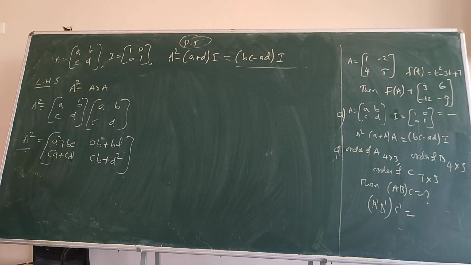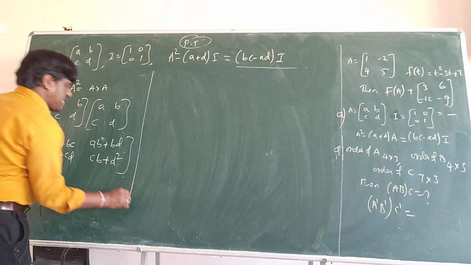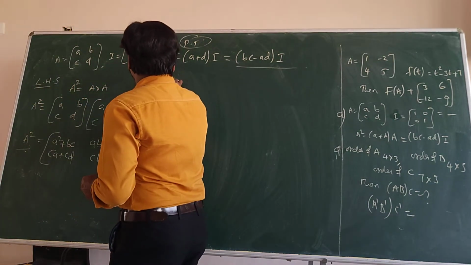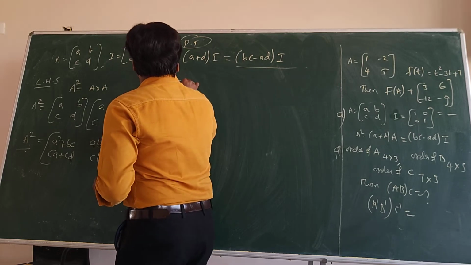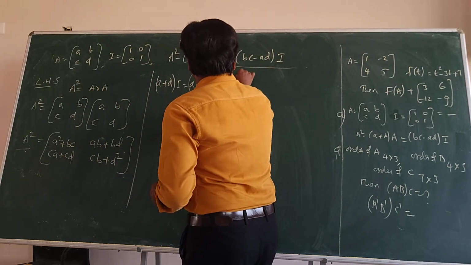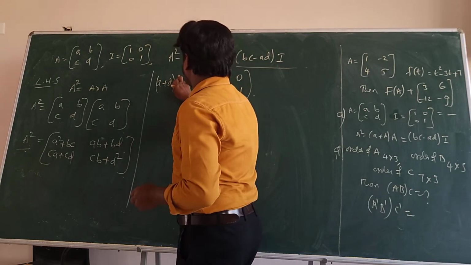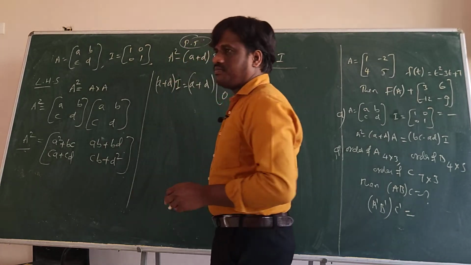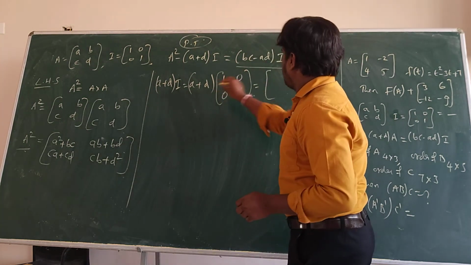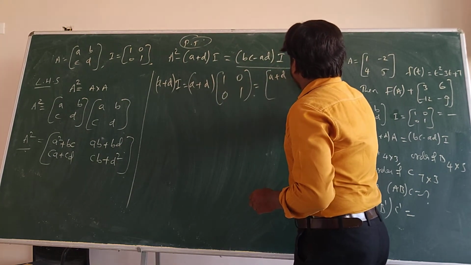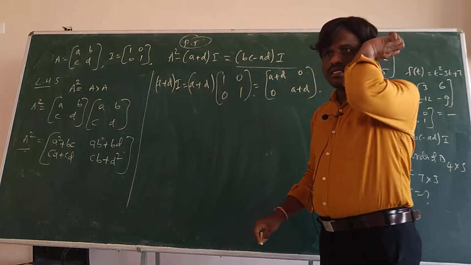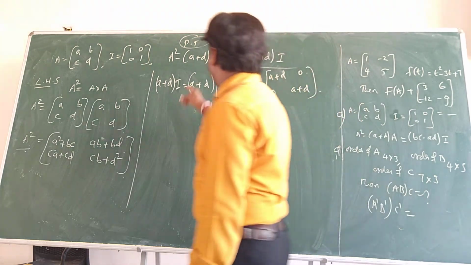Correct? Now what you have to do next? (A plus D) into I. So (A plus D) into I means (A plus D) into 1 0 0 1. If we multiply this, I get (A plus D) 0 0 (A plus D). Then what you have to do?